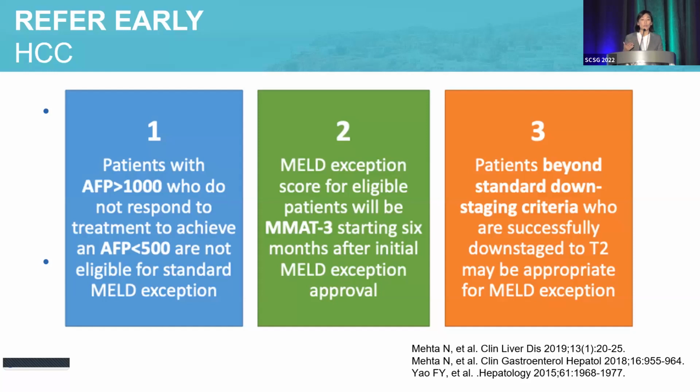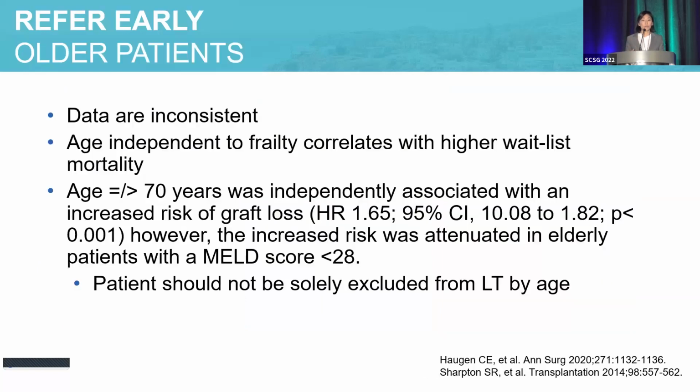And that again reflects back on the idea that it's all about the tumor biology. If the tumor grows rapidly, invades a vessel, et cetera, then they would not be a transplant candidate. And then lastly, UNOS implemented this downstaging criteria that hadn't been in place years ago. And as long as they are downstaged according to the T2 criteria, they would make MELD exception.